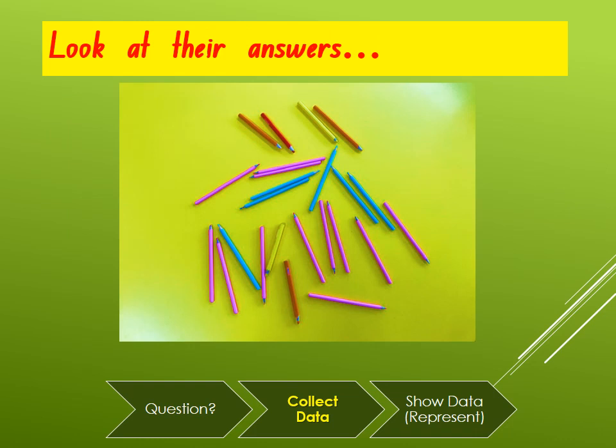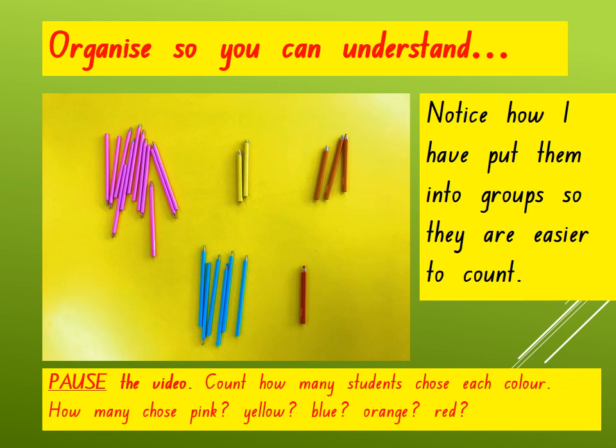Ooh, wow. So I can see they've used pencils to show us what their favourite colours are. Now, it's a little bit tricky to count those at the moment because they're all mixed up and scattered. Maybe we could do something to make it a bit easier for us. Aha!